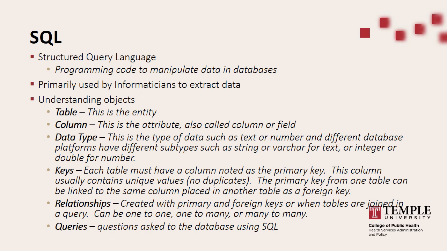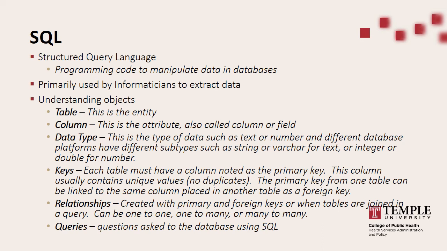So first name in a customer table is a column, as well as last name, date of birth, and email address. Data type. This is the type of data, such as text or number, and different database platforms have different subtypes, such as string or varchar for text, or integer or double for a number.